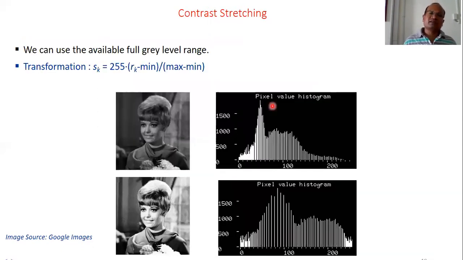Contrast stretching, I have already discussed what it is. We stretch the contrast. We can use the full grayscale values rather than having limited values. We can use, for example, a transformation function, sk equal to 255 times (rk minus min) divided by (max minus min), where max and min are the maximum and minimum values present in the grayscale range of the image.